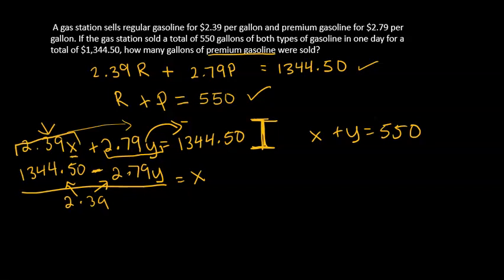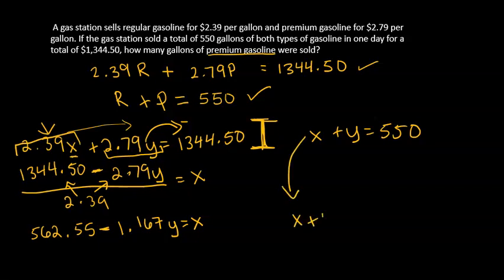So if I take 1344.50 and divide by 2.39, I get 562.55 minus 2.79 divided by 2.39, 1.167 y equals x. Right? And I'm going to bring this down just so we can keep it organized. We haven't touched that yet. Okay, great. I have x by itself right here.